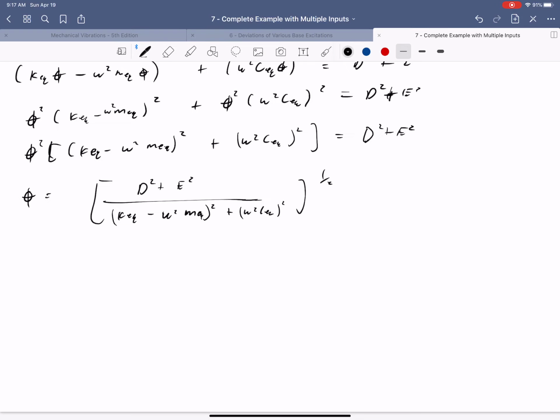Okay, and if we try to get this into kind of a normal form, we can multiply the top and the bottom inside by 1 over k squared, and that becomes d squared over k squared plus e squared over k squared, divided by 1 minus r squared plus 2 zeta r squared, to the 1/2.